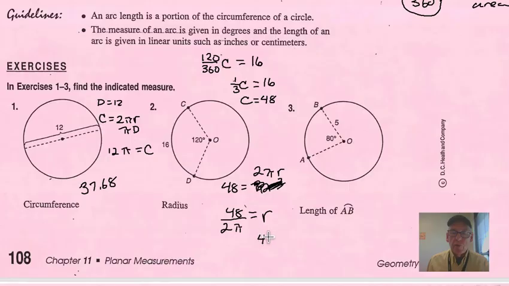So we're doing 48 divided by 6.28, and that's going to give us the radius for number 2. 48 divided by 6.28 comes out to be 7.64. So the radius is 7.64.